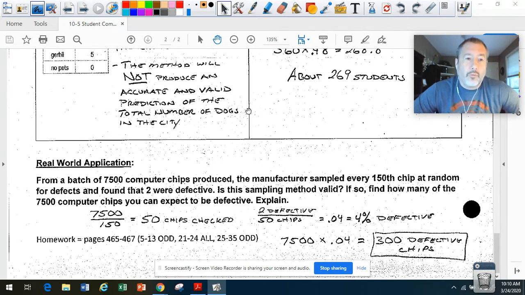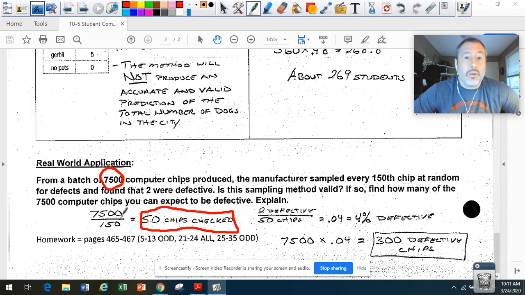Okay. So if we take our total chips that are produced, the 7,500 computer chips, and we know we're going to survey every 150th one, so we do 7,500 divided by 150. So that says, hey, we are going to be checking 50 chips.